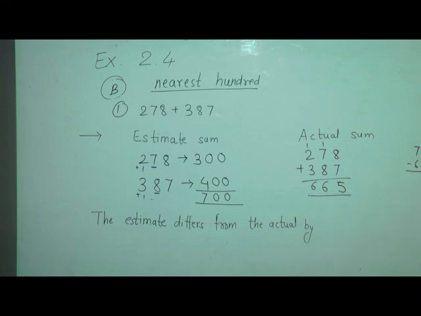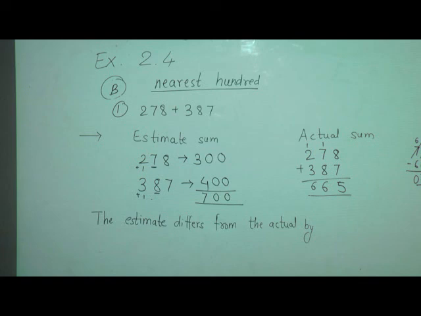So 0 minus 5, we cannot, so cut the 0, write it as it is. Go with the neighbor, neighbor also doesn't have. Go with the next neighbor, neighbor is having 7, he will give 1, 6 will remain. Now here is having 10, he will give 1, 9 will remain. Now 10 minus 5 is 5, 9 minus 6 is 3, 6 minus 6 is 0.